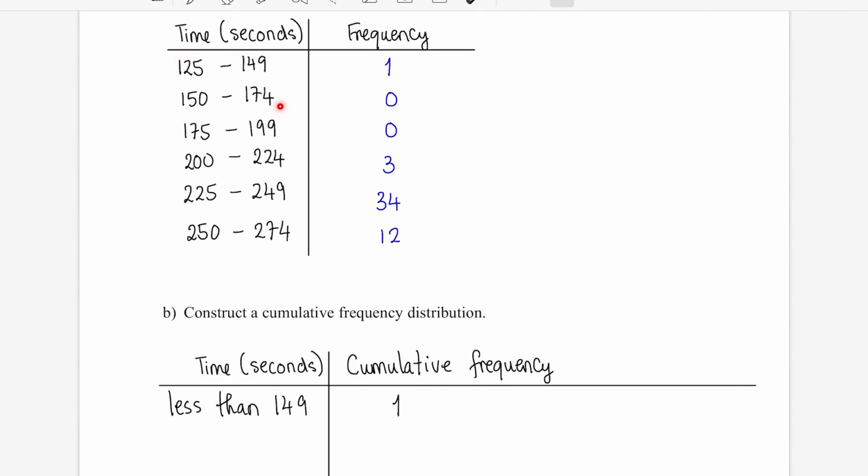So everything less than 174. So for the cumulative, from this all the way up to the first class, we take 0 plus 1.